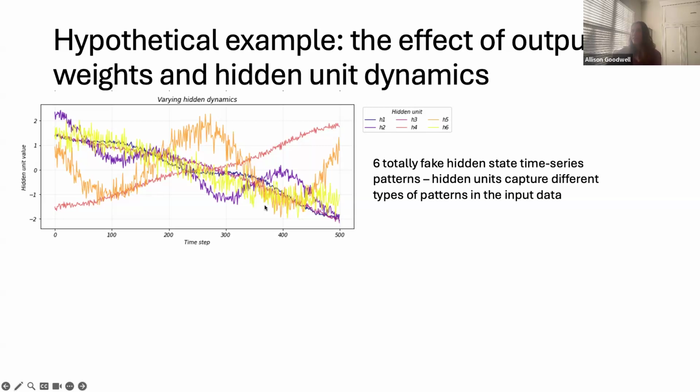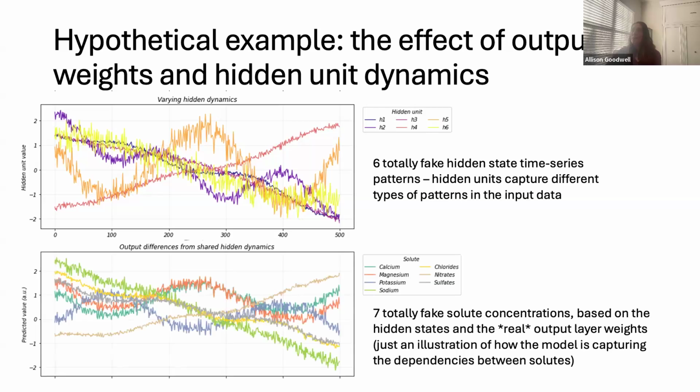So this is totally fake data. And then I apply the output weights that I showed in the previous slide to these hidden states and output fake solutes. These are fake time series of solute concentrations, and they reflect what I wanted to see, which is that calcium and magnesium are highly correlated, but not quite the same, so they have a certain difference.